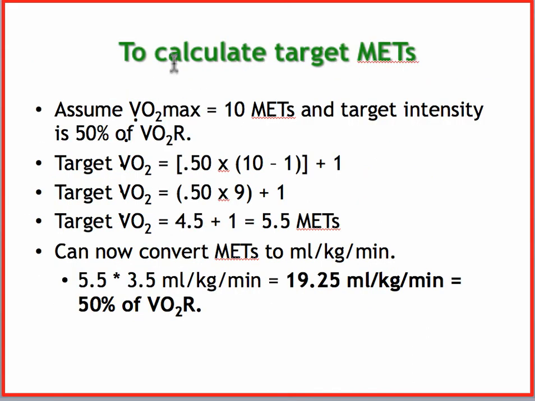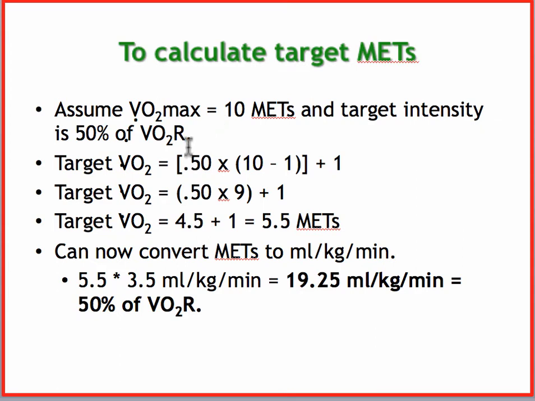So if you wanted to calculate this using METs, so you wanted to use the percent VO2 reserve, remember 10 METs is 3.5 mL per kilogram per minute. If your target intensity was 50% of the VO2 reserve, then you would take the max VO2 in METs minus resting VO2 and multiply that by 0.5.